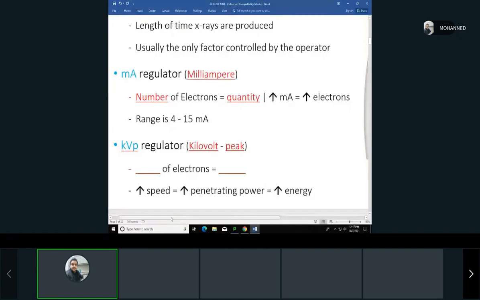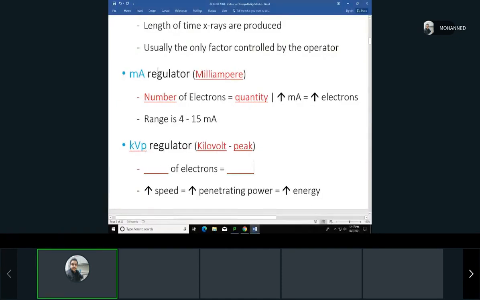If milliamperage controls the quantity, the number of electrons, kilovoltage controls the quality, which means the speed of electrons.